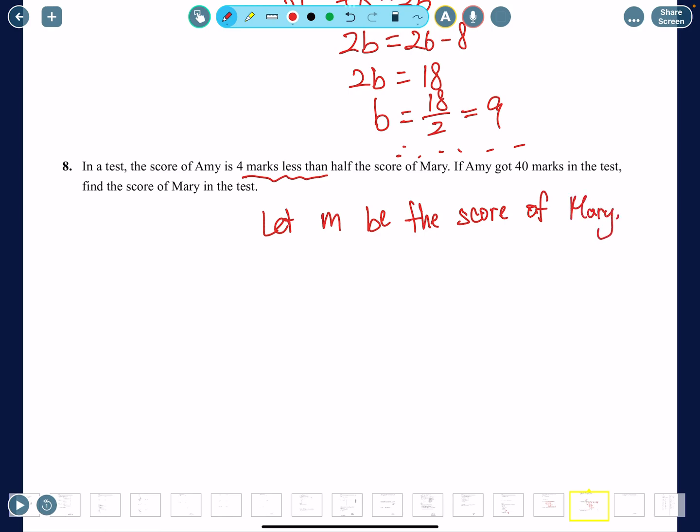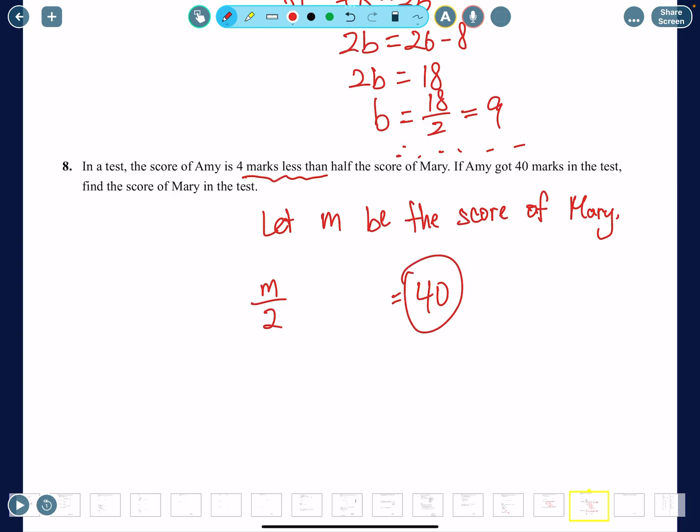So Amy got 40 marks in the test. Amy is 4 marks less. Amy got a lower score than half of the score of Mary. All right, so for Mary, half of it is divided by 2. Amy is 4 marks less.